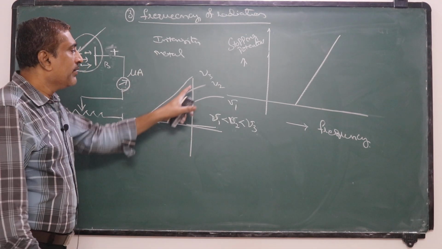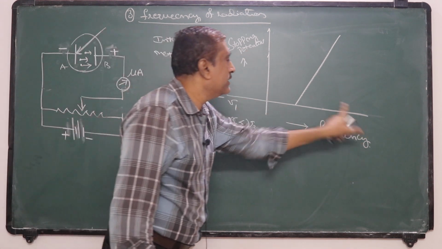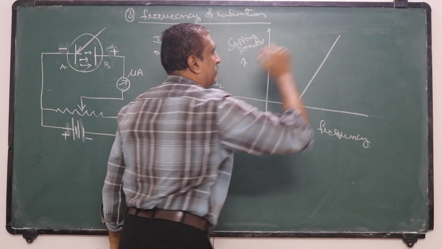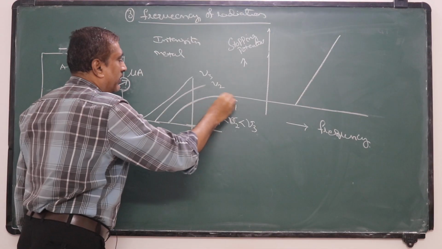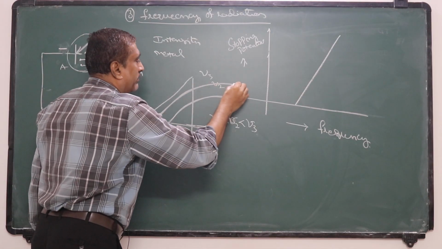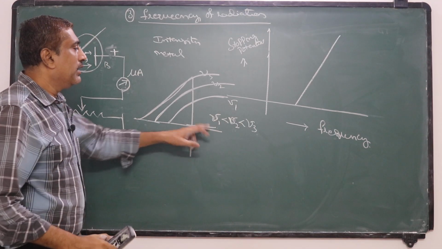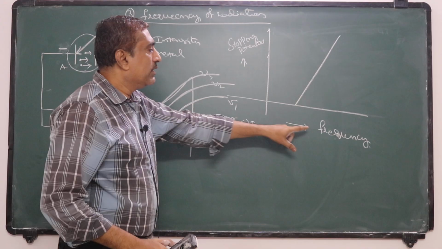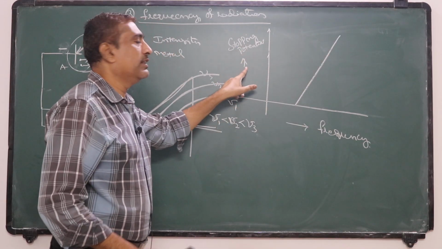So this variation can be directly given by this curve. So as frequency is increased, stopping potential also increases like this. If the frequency for the first curve, for the second, and for the third one, this can be drawn like this. So as frequency increases, stopping potential increases.